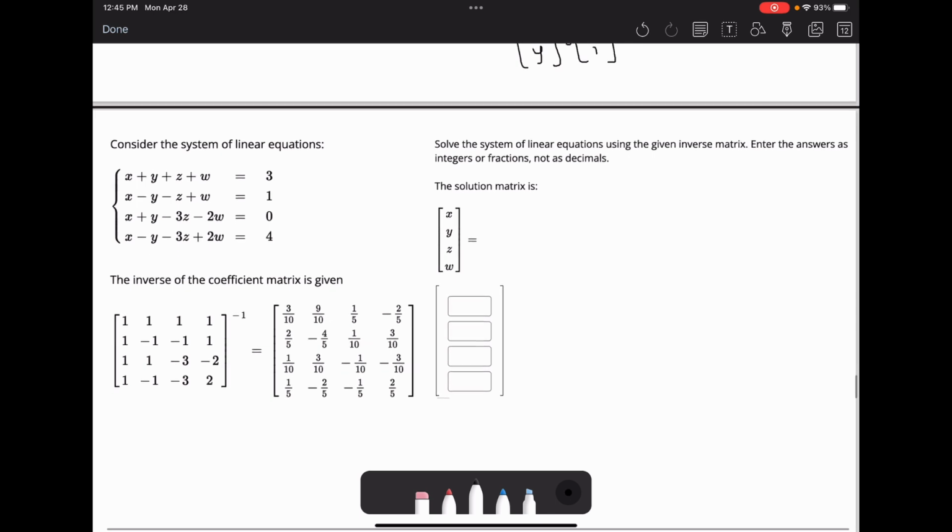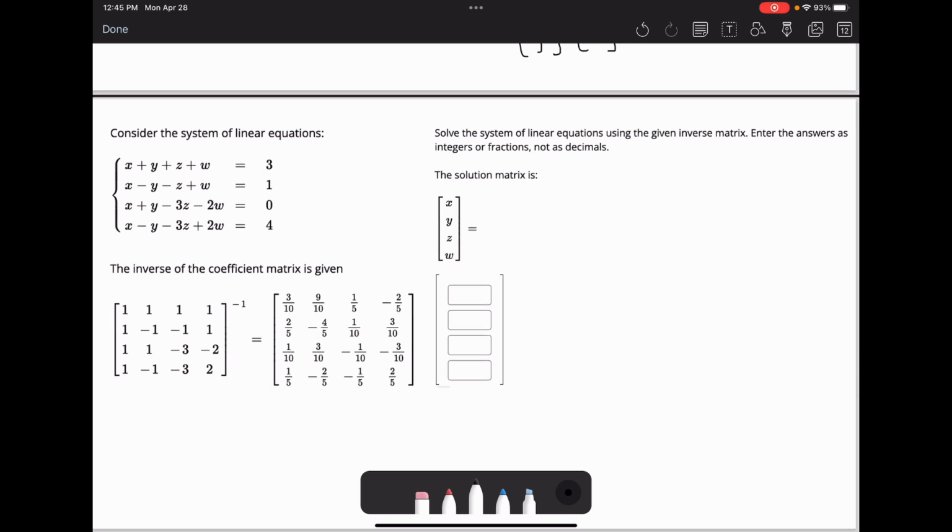Okay, the other type of problem that you could see is this one. It has 4 variables and 4 equations, and they were very nice to give you the inverse.